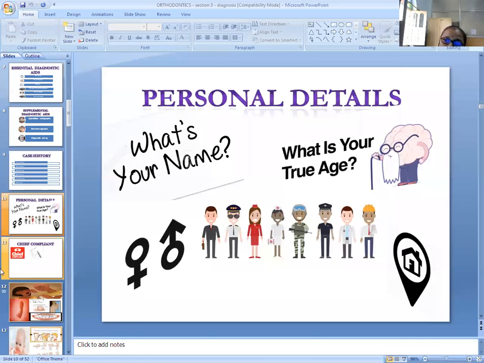If the patient is an adult, the same thing will be there. An adult patient will be uncomfortable with bulky appliances or appliances which can be seen from a distance. So in these cases, you will have to think about giving more aesthetic options.